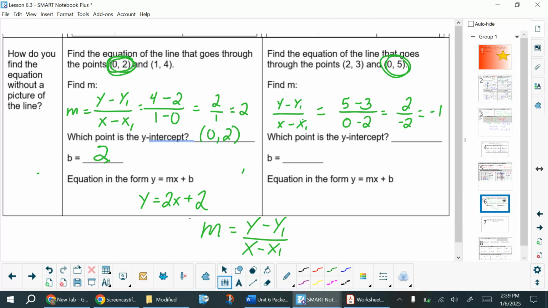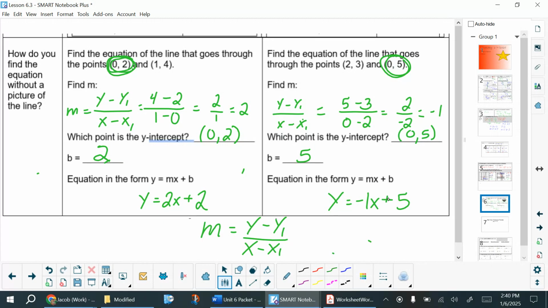So my slope here is negative 1. From there, my y-intercept is this point 0, 5, which means my b value is 5. And so I can write my equation. y equals negative 1x, because my slope is negative 1, plus 5, because my b value is 5.